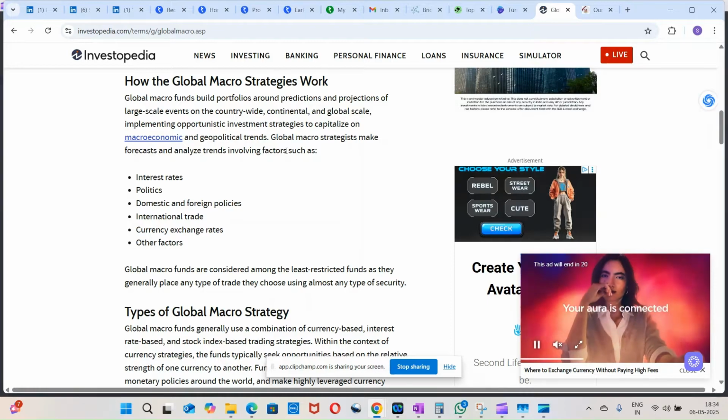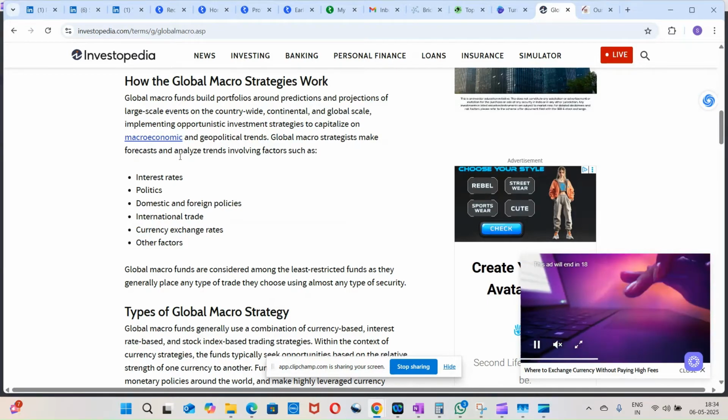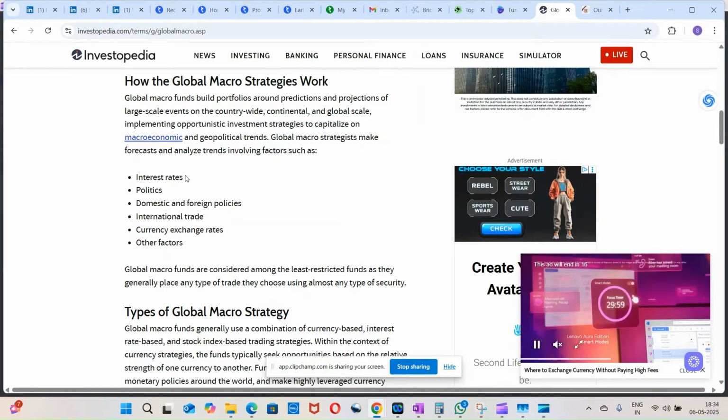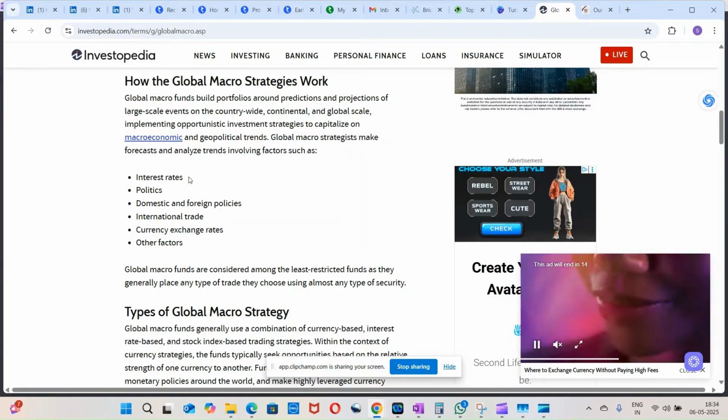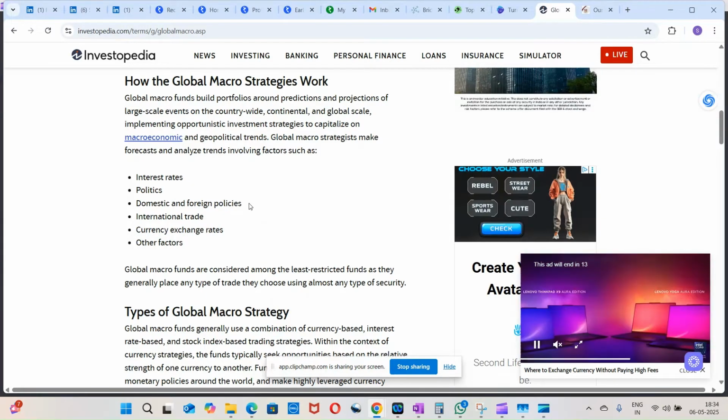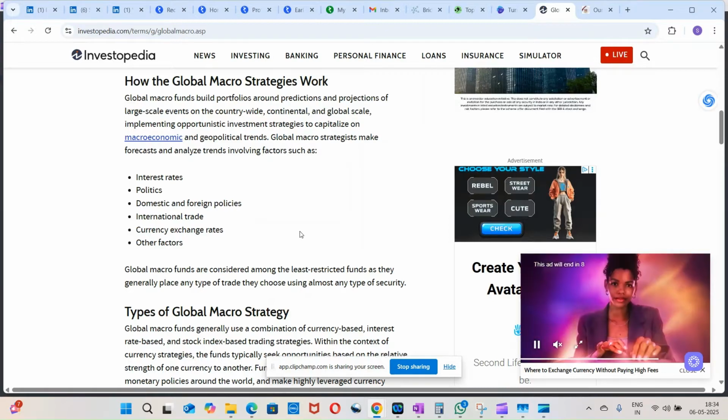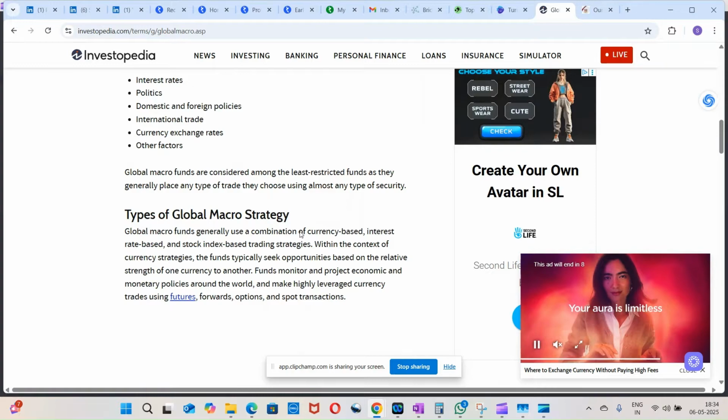These strategies make forecasts and analyze trends and different factors like interest rates, politics, domestic and foreign policies, international trade, currency exchange rates, and other factors to take their positions.